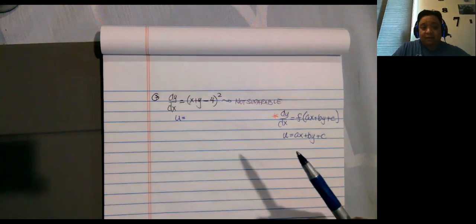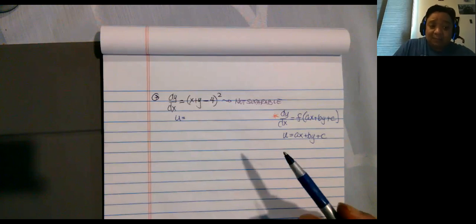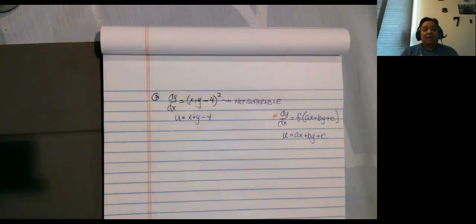It will be x plus y minus 4. So that is your substitution: u is equal to that linear expression.